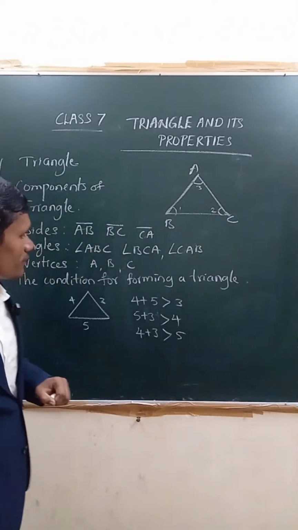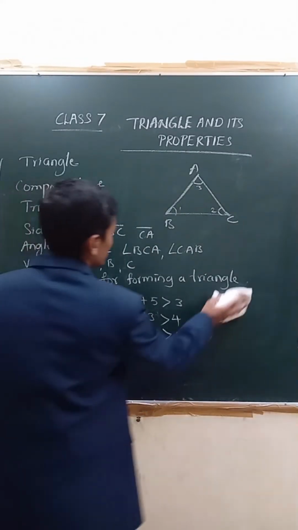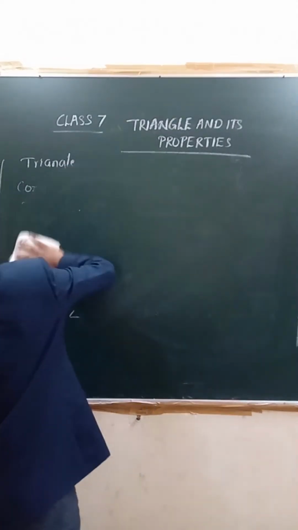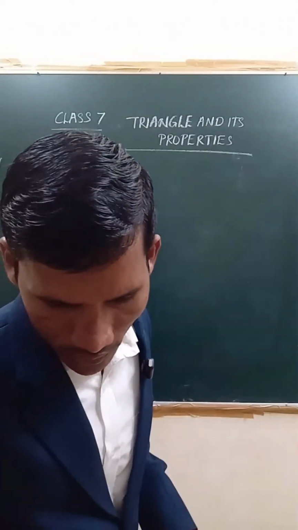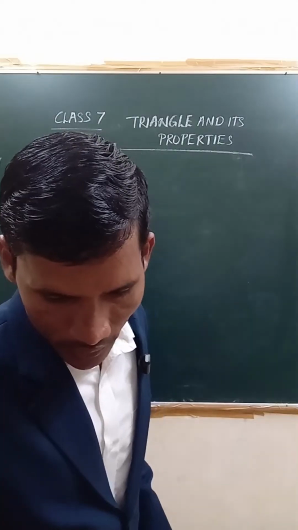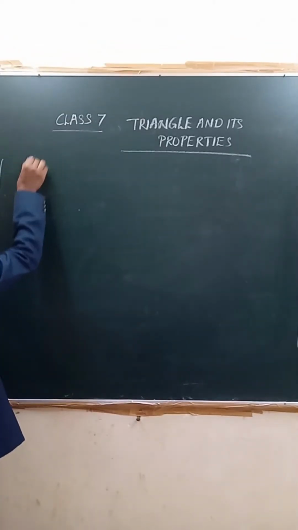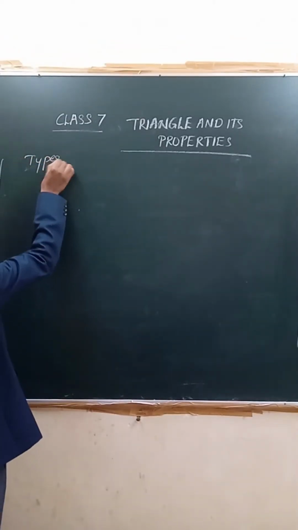Those types of triangles, in two categories we are learning. One is based on sides. Let us write this as types of triangles.